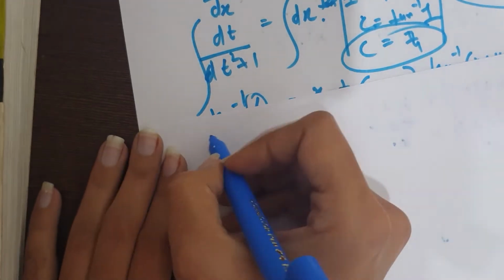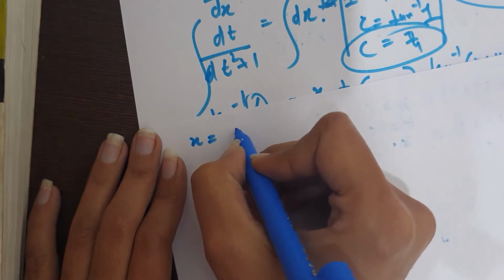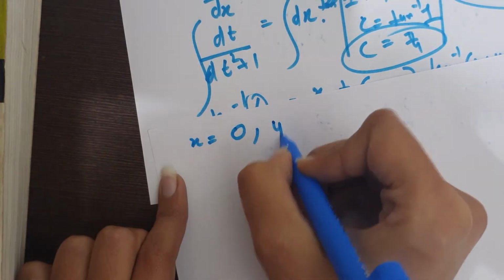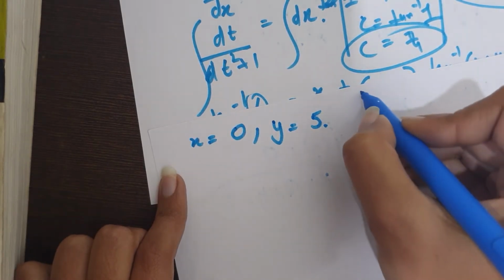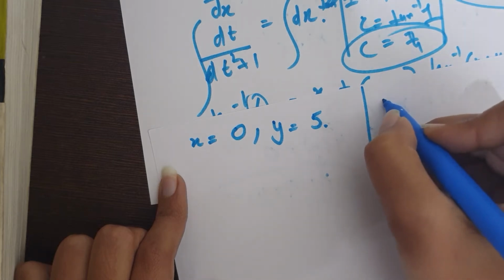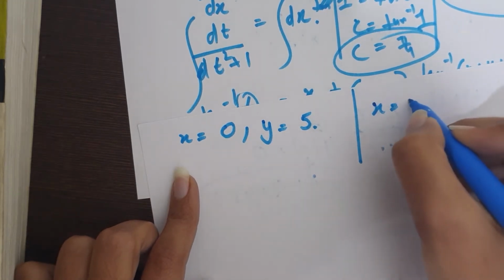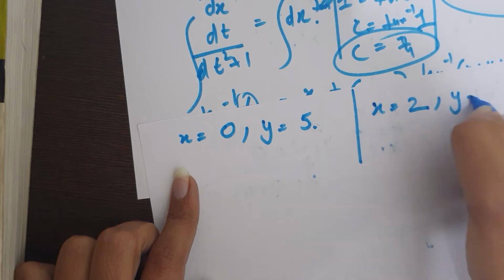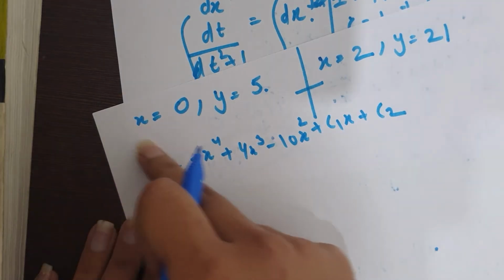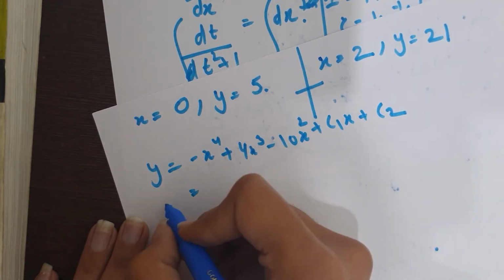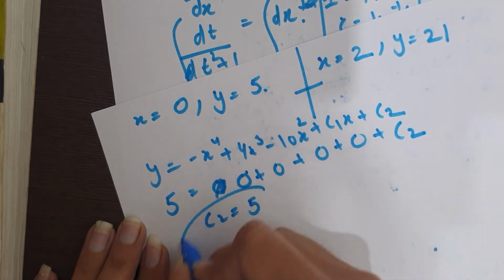I tell you again, here in this case x is equal to 0 and y is equal to 5. Initial condition is given, and another initial condition that is given, this is x is equal to 2 and y is equal to 21. Here firstly we apply this condition. This comes out to be c2 is equal to 5.